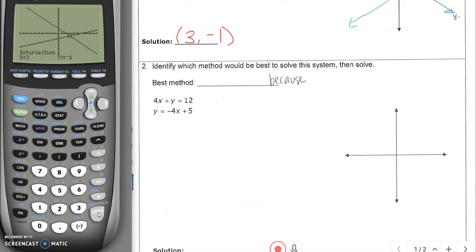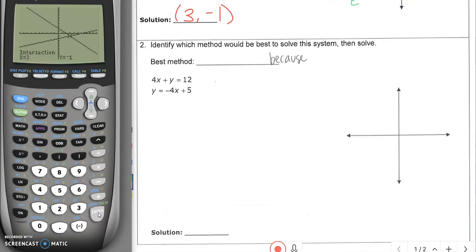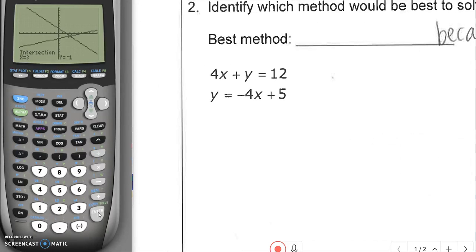Okay, if I look at number 2, I want to know the best way to do it and then work through it. This one, I've got the first one in standard form, which is ax plus by equals c, which lends itself best to matrices.